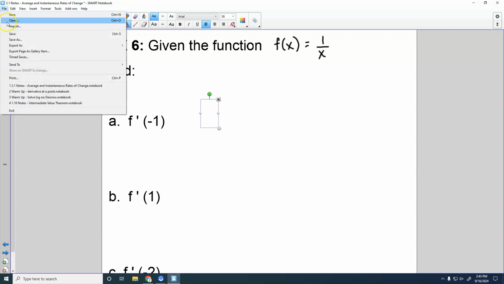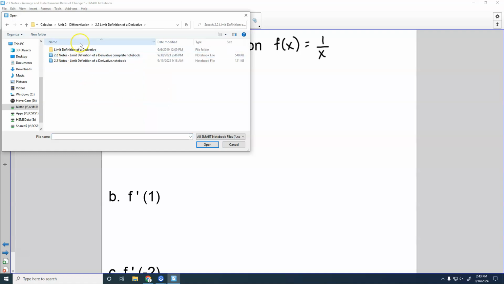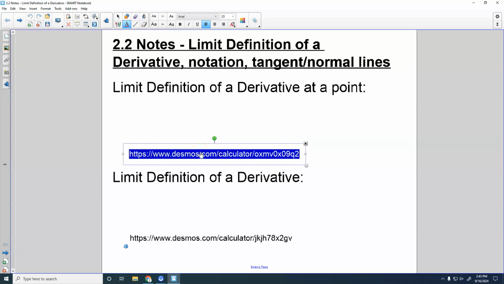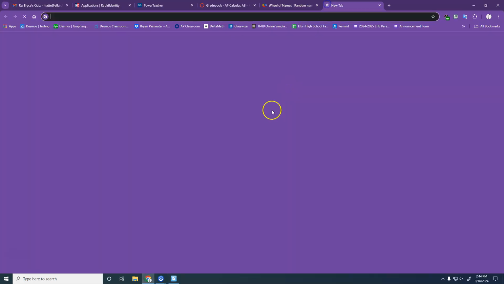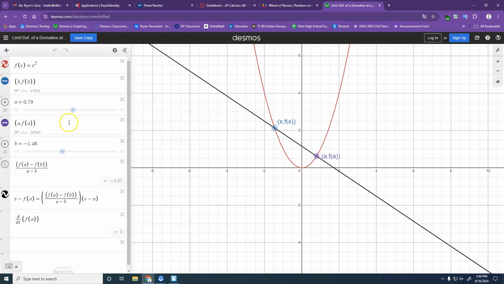So, if I open up those notes that you have there, let's look at this first. This we have already seen, although I guess I linked that. This was our limit definition, hopefully, at a point.